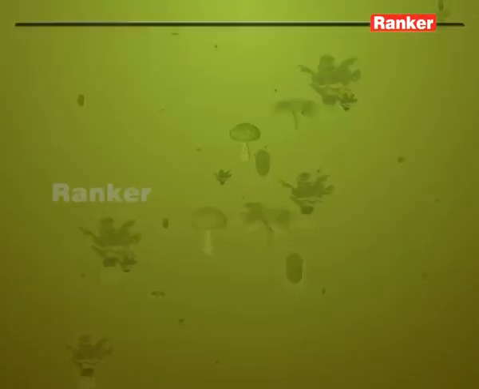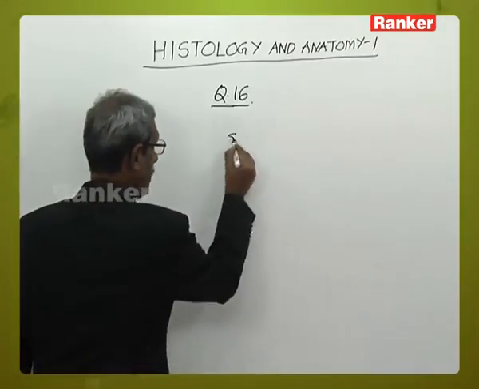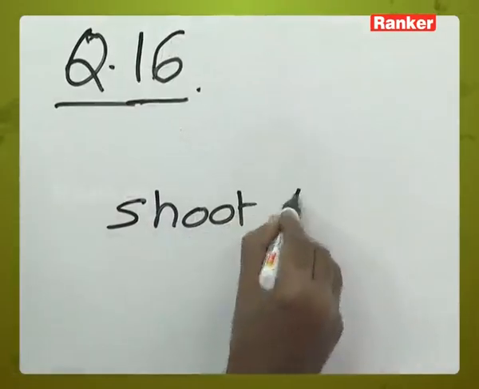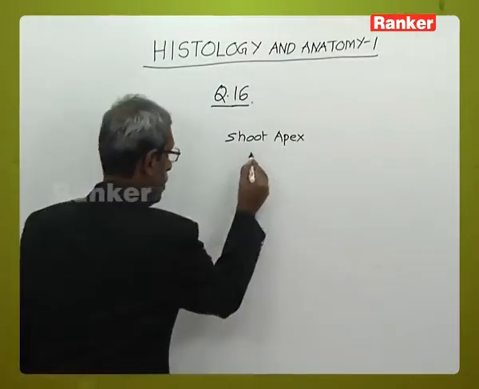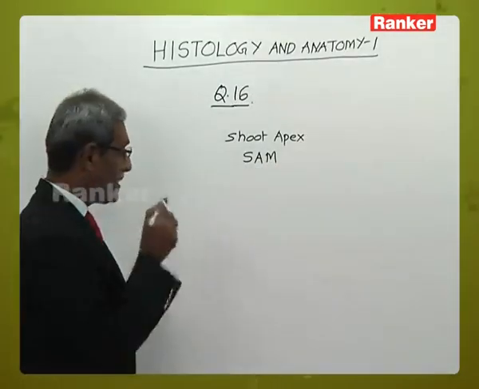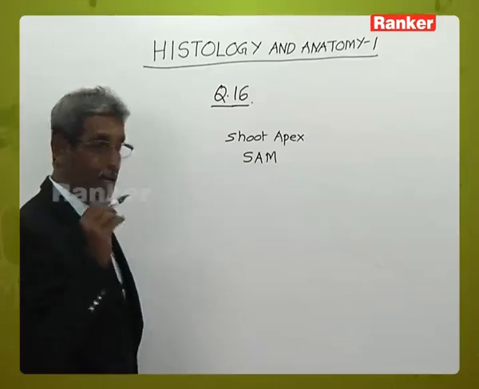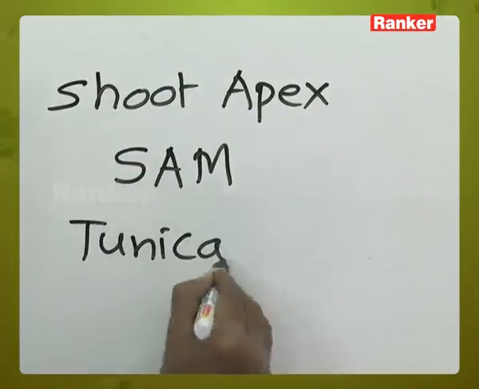Question number 16. Tunica and corpus are constituents of A. root apex, B. shoot apex, C. mass meristem, D. all the above. If you take the shoot apex organization, it is also called shoot apex meristem, SAM. When you take SAM, it is primarily made up of two important meristematic tissues called tunica and corpus.